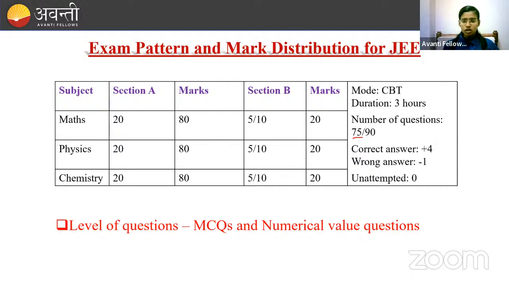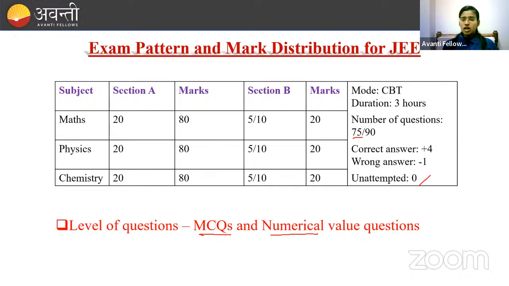If you're not attending any question, it is taken as 0. Here you have both multiple choice questions as well as numerical value questions. The last 10 questions will be numerical, and you have to attend 5 questions from that. So this is all about the exam pattern and mark distribution for JEE.